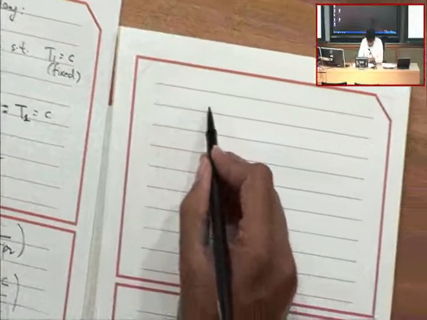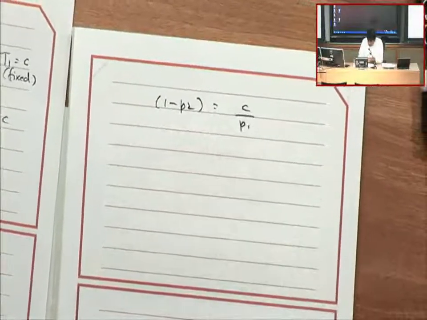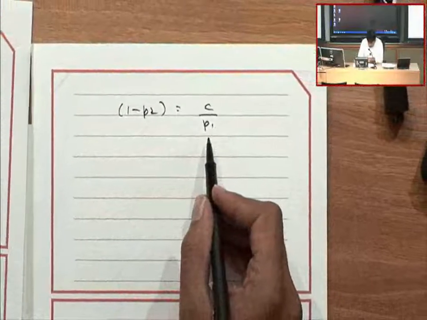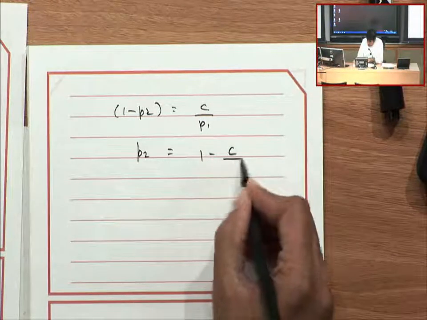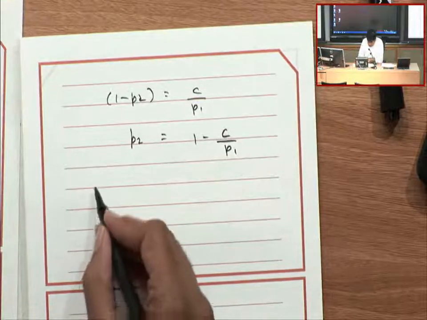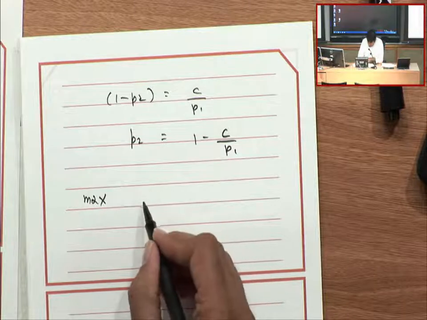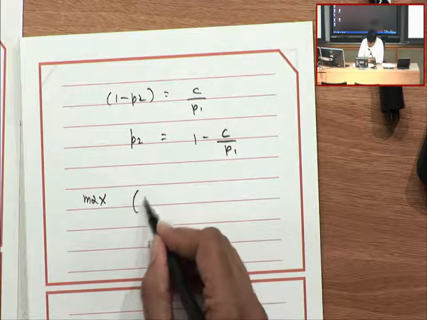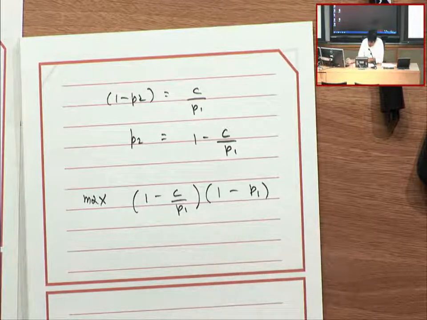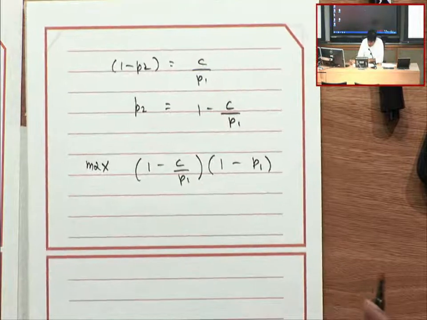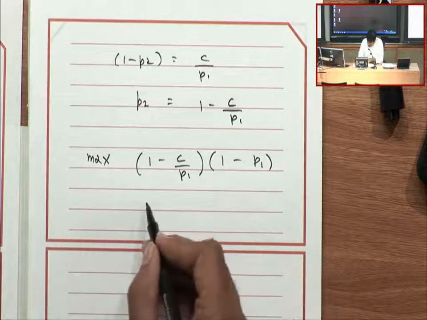The other substitution would be 1 minus P2 equals C over P1, and the benefit would be to rewrite P2 as 1 minus C over P1. So you could instead try to maximize this quantity, 1 minus C over P1 times 1 minus P1. Is that any easier? Seems about the same, but let's work it out.